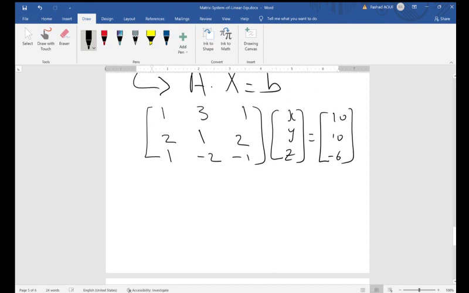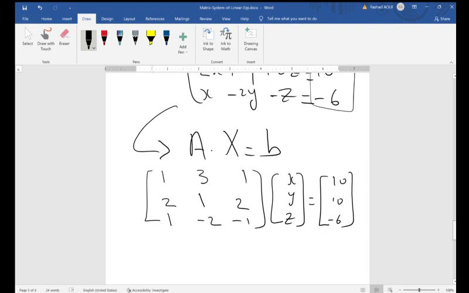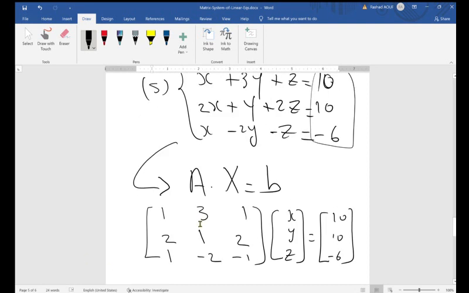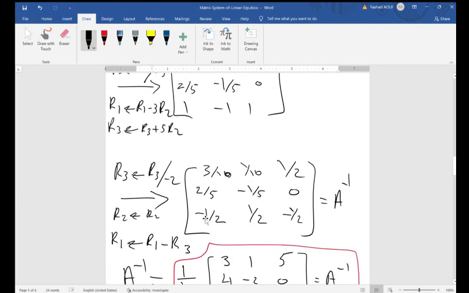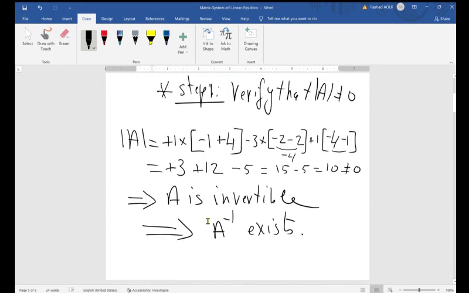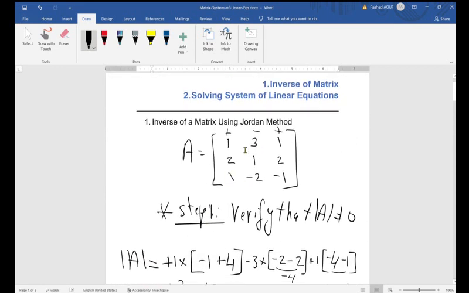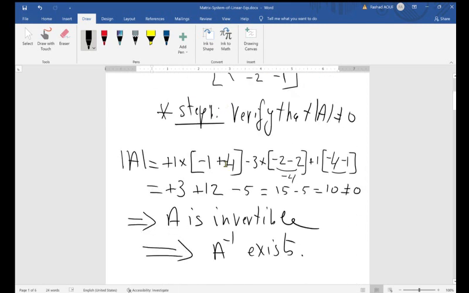We notice that the matrix A is the same as the matrix A I solved in here, where I found the inverse matrix for it. It's the same matrix.